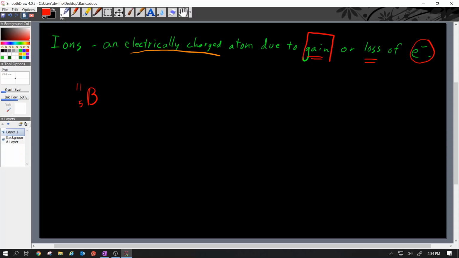Now, since its atomic number is 5, that means in a neutral atom it will have 5 protons, which I'm just going to represent here in the nucleus. And then around the outside, in the first 1s orbital, we would have 2 electrons.